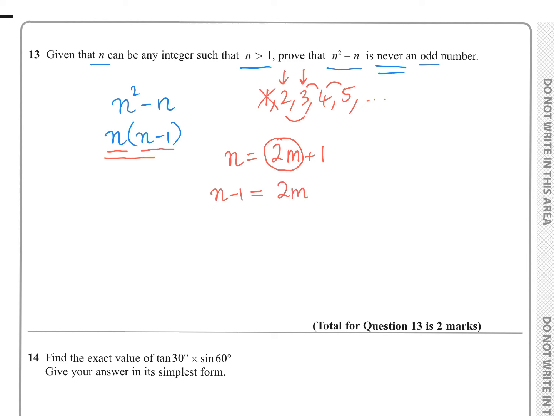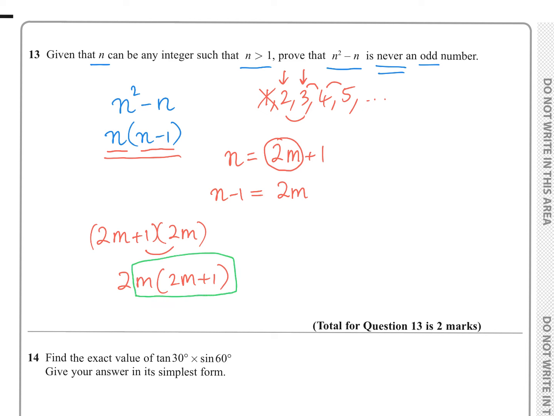So if you put in 2m plus 1 and multiply it by 1 less, which is 2m, then can you see what's happened here? If you switch these around, you're going to have 2m lots of 2m plus 1, and no matter what happens, this expression is always going to be multiplied by a 2, which will make the expression even.